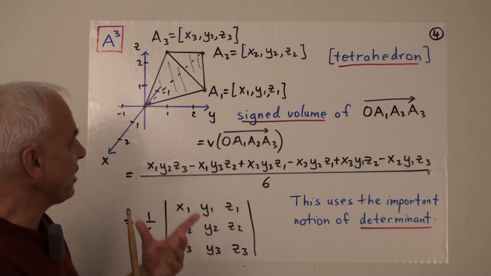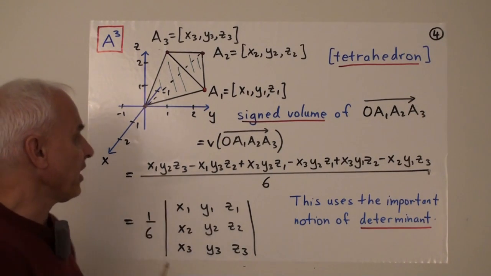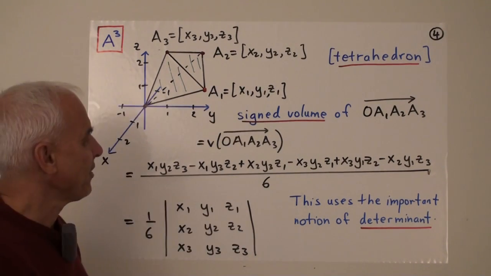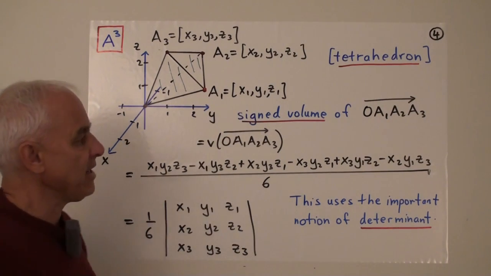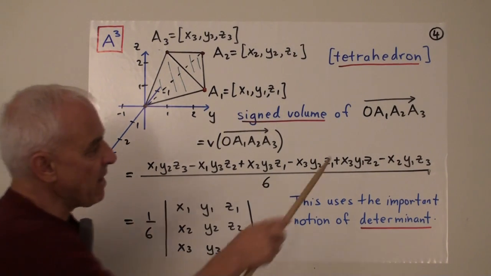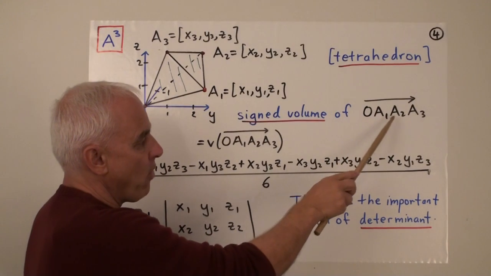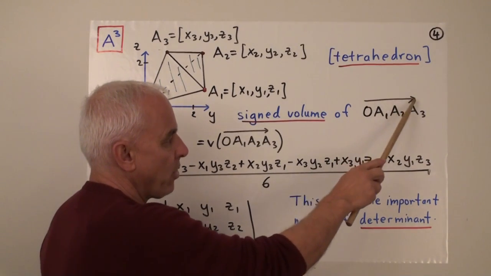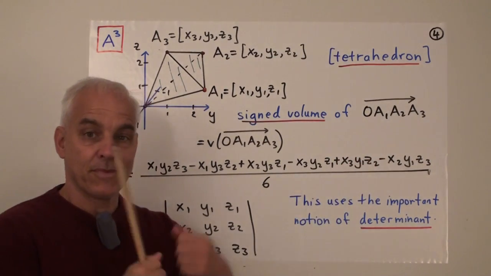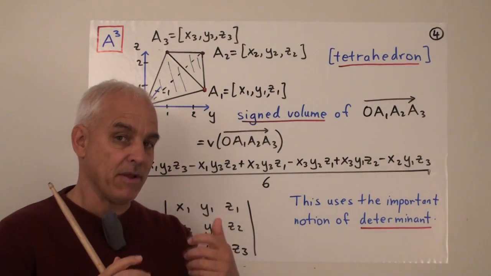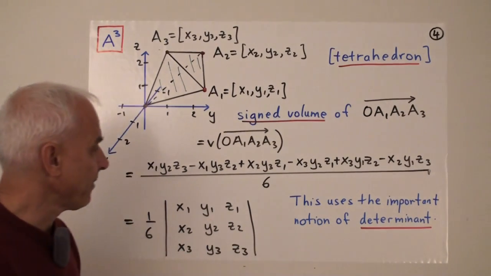So this is a general tetrahedron whose one vertex is at the point O. All right, and we're also going to take these 4 points in a specified order. So O, A1, A2, A3. That order will be represented by this arrow above it, meaning we're talking about an oriented tetrahedron.